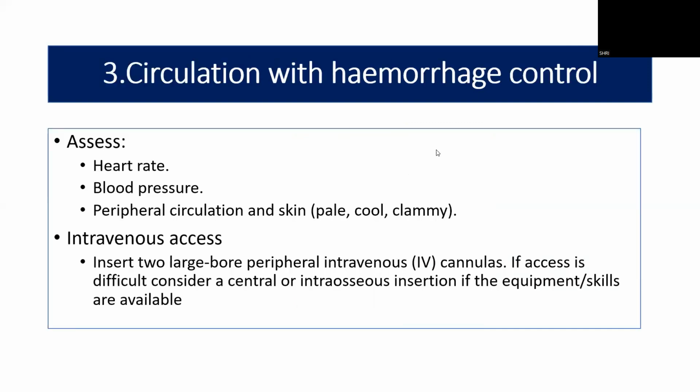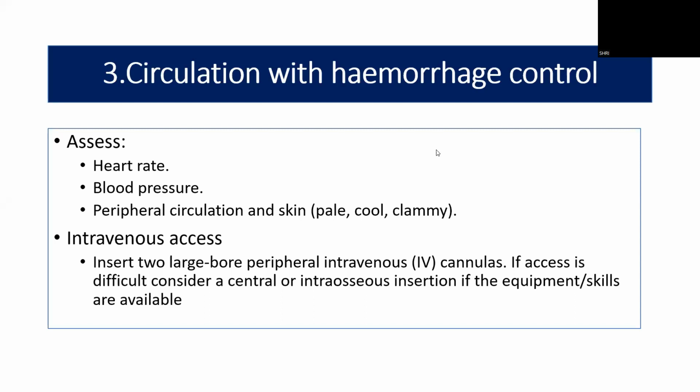Then we move into circulation. As I mentioned, if you identify a catastrophic bleeding, then you need to do immediate management, like application of pressure immediately, or a bandage. But if it is not, then you can go ahead with the circulation as normal routine. In circulation, what you are usually identifying is whether the patient is having any hemorrhagic shock.